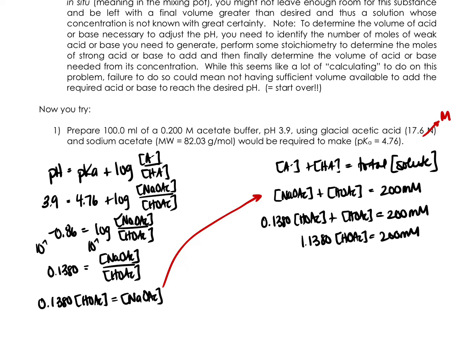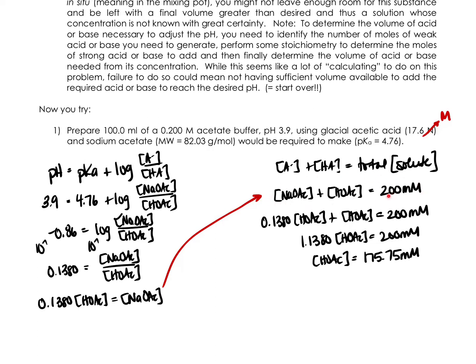Solving this for x tells me that my HOAc concentration is going to be 175.75 millimolar. Don't worry right now about significant digits and so forth. We want to make sure that we're keeping things until the very end. I can substitute this back into either equation. I personally find that it's easiest to substitute it back into this equation.